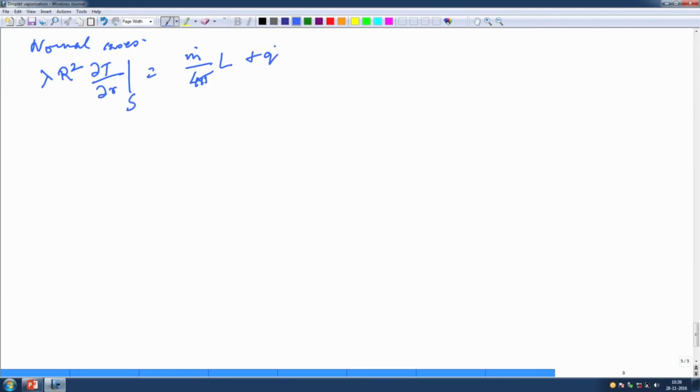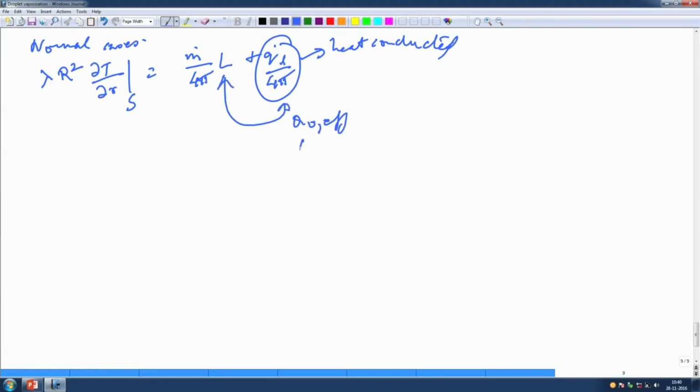We have already seen that QL by 4 pi is basically the heat conducted, which in Matalon's notation we combine these two and say that this is QV effective; Shiriniano writes it as L effective, which essentially means the same thing. These two are basically the same. So, you really do not need to bother about the notations, but whatever notation you use, use it consistently.